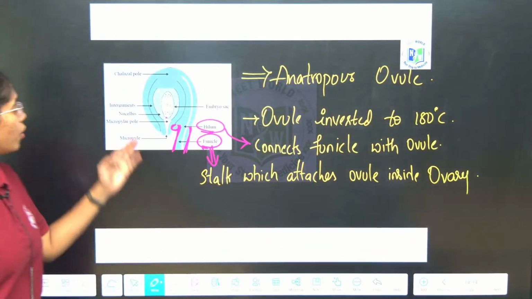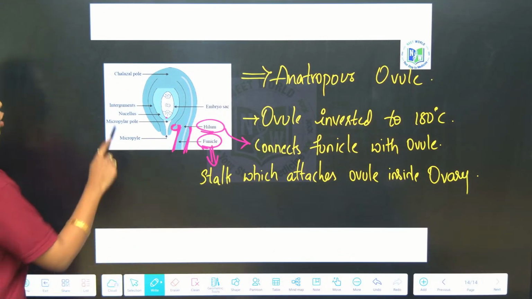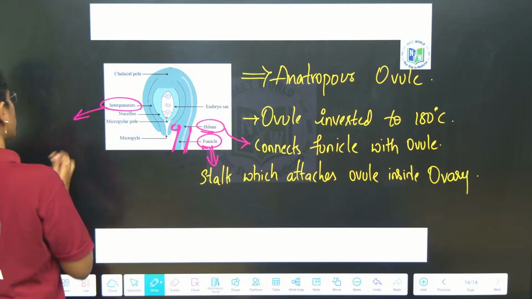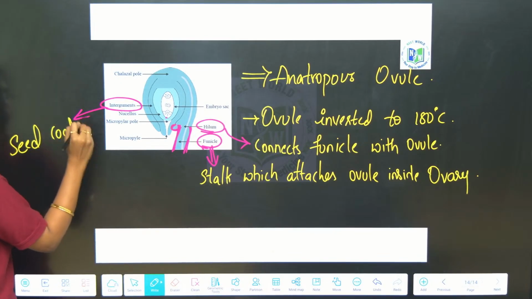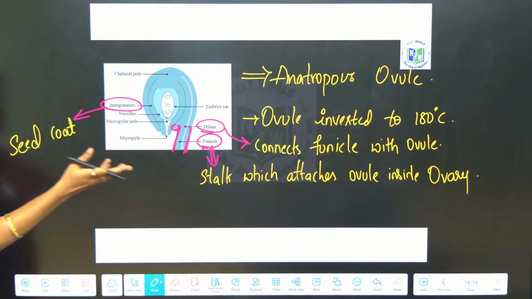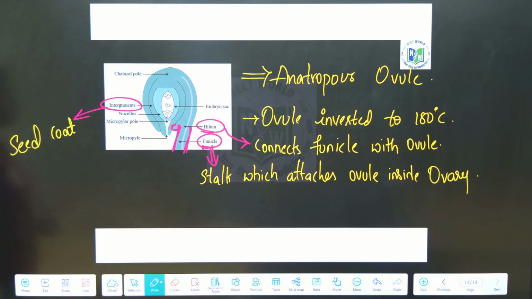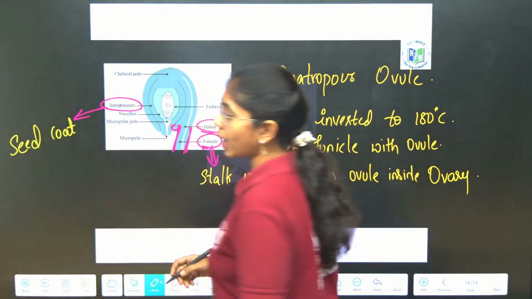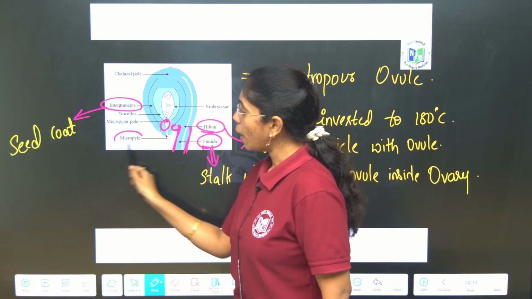Okay, and ovule is covered or encoated by integuments. Integuments post fertilization will mature to seed coat. As ovule post fertilization turns to seed, integuments will mature to seed coat. And here the small pore like structure is called micropyle.